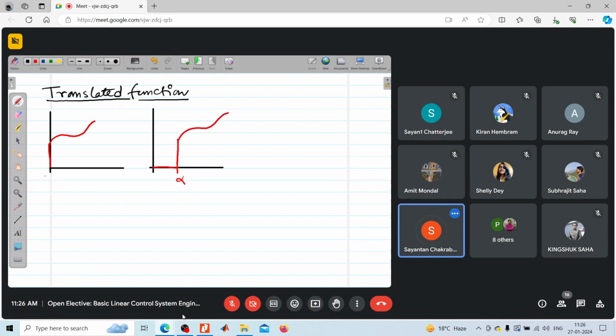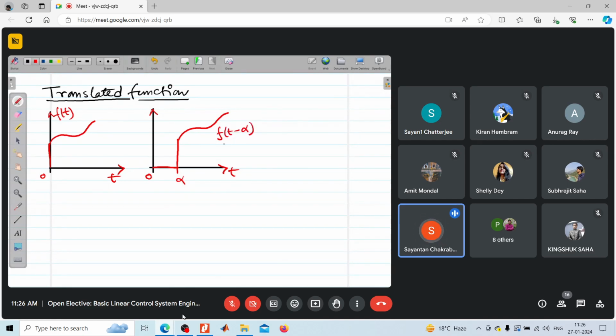So there is a moment alpha, and this is obviously the time axis. So this is f(t), and this signal will be f of t minus alpha.